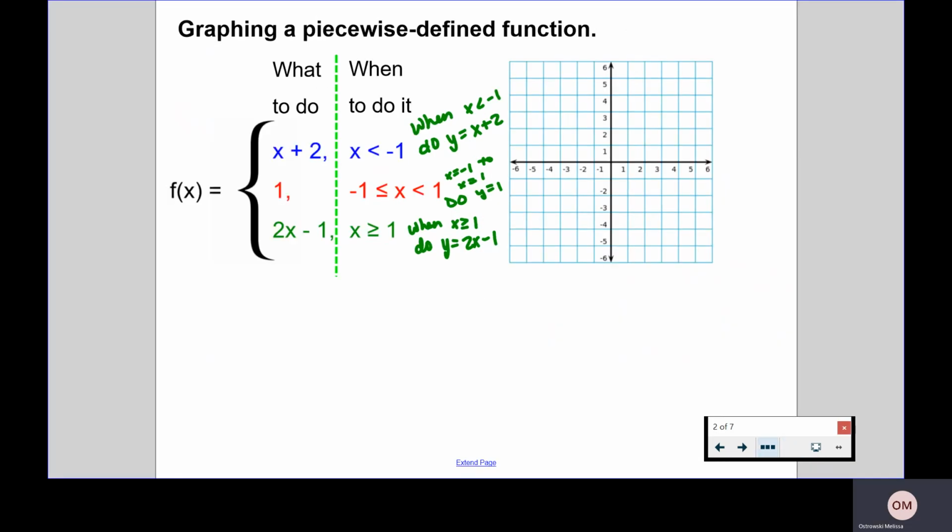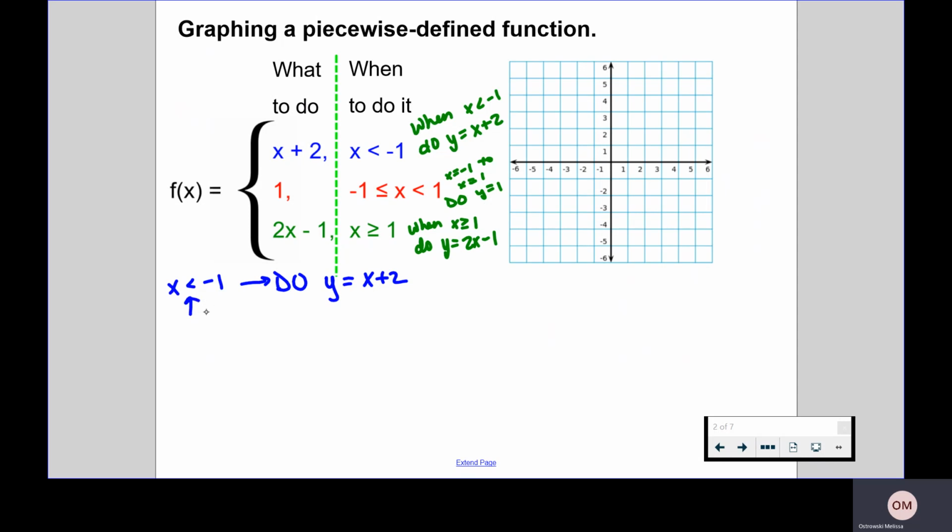So we're just going to do that. We're going to plot some points. It has some starting values. I do need to know where this function begins and where this ends. So I'm going to look at my first piece. X is less than -1. When x is less than -1, do y equals x plus 2. So I'm going to find out where this would begin.